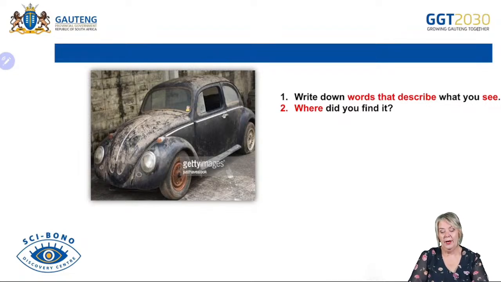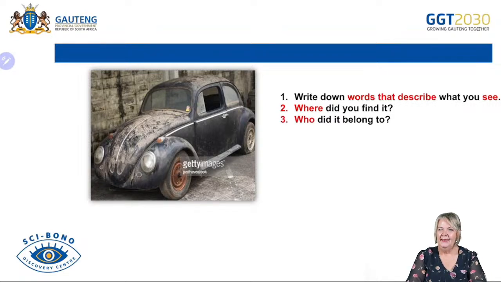You get to decide where you found this one. The next question would be, so who did this belong to? Interesting. And remember, you are never wrong. It is your essay, your ideas. So you can go crazy wild with this one.